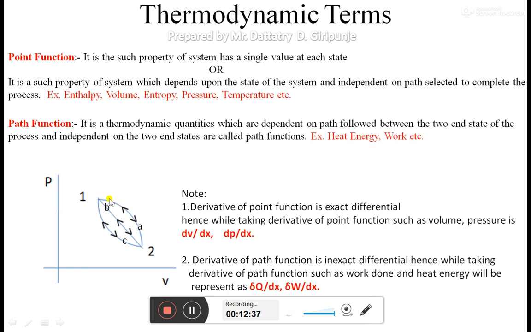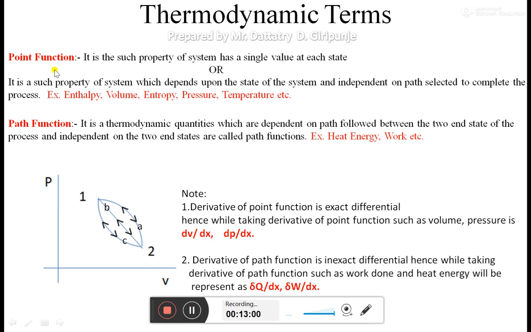So point functions are such a function or such a property. In the previous lecture we have seen property, the thing which is used to describe a system. There are two kinds of property: intensive property and extensive property.